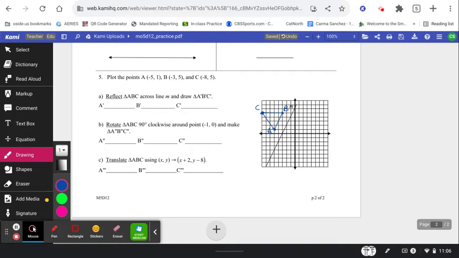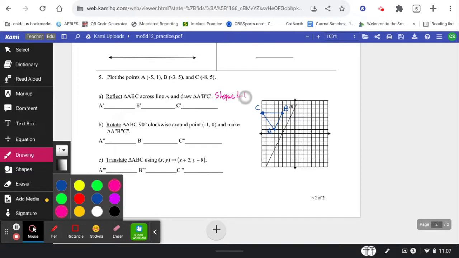So first, let's reflect it across line M. Remember, for reflection, we want the slope of the line of reflection. So going to count it from any corner to any corner, it looks like the slope is up 2 over 1. And then each point is going to go the negative reciprocal slope across the line in the exact distance.